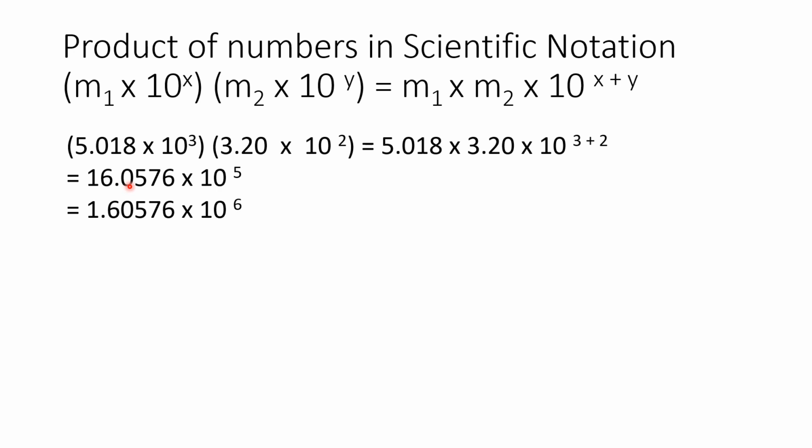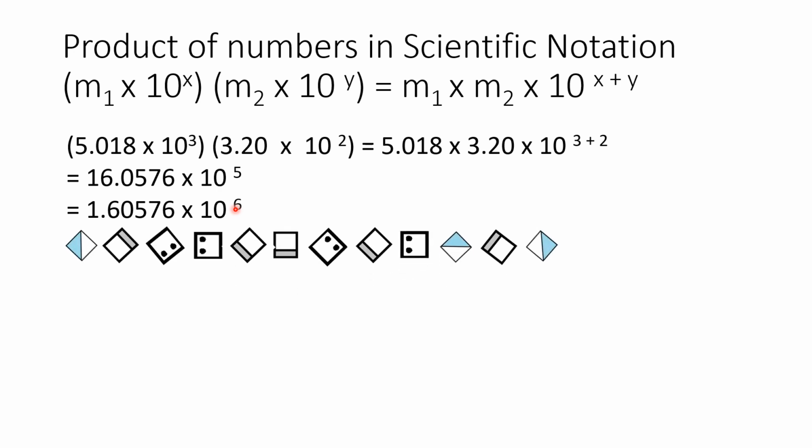We will have to convert this also to a 1-digit number, and so we write it as 1.60576 into 10 raised to power 6. Take care. When you multiply m1 and m2, you have to see that the number you get is converted into the proper form such that m is greater than or equal to 1 and less than 10.